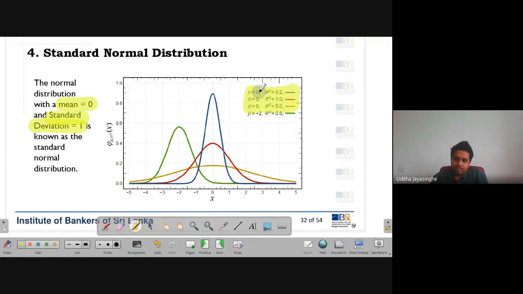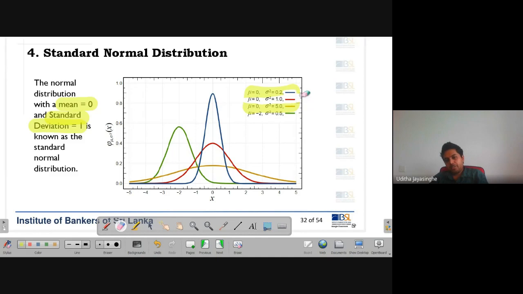Okay? Little further. Now, let's look at the 3 problems that we are having. This blue and the orange. The blue one that is on the top is having a mu of 0, but the standard deviation is 0.2.